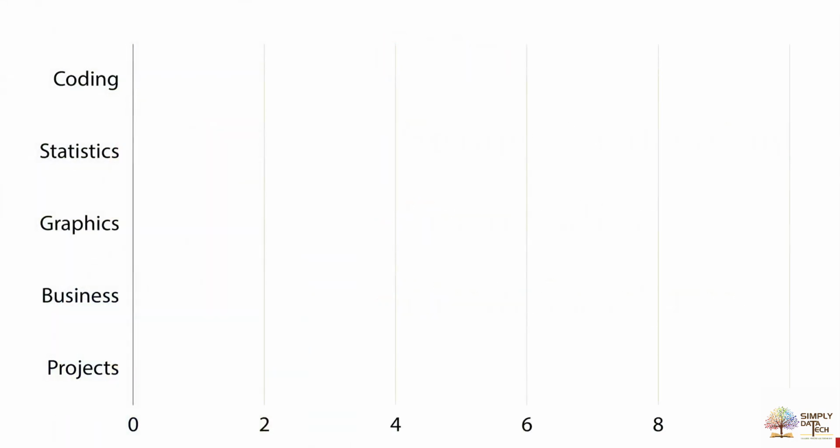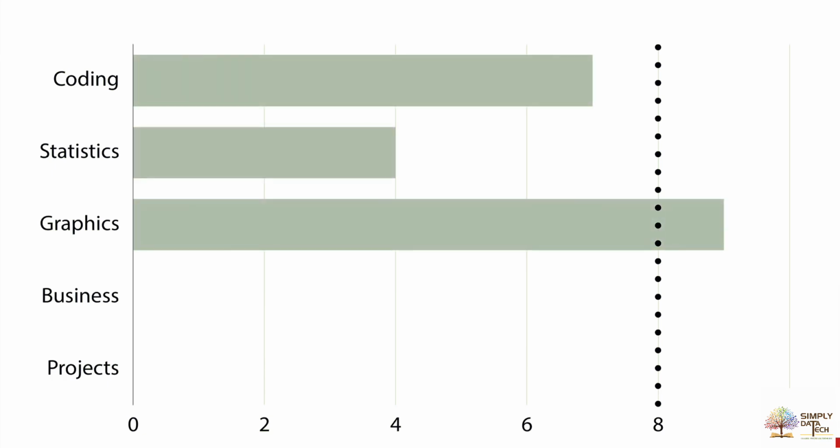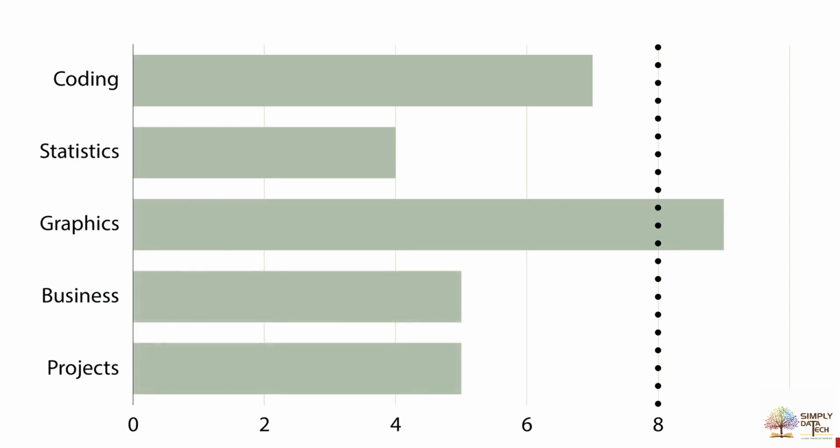And for the project to work, they all have to happen at least at a level of 8 on the 0 to 10 scale. If we take his coding ability, well, he's almost there. Statistics, not quite, halfway. Graphics, yes, he can do that. And then business, all right, and project, pretty good. So what you can see here is in only one of these 5 areas is Otto sufficient on his own.